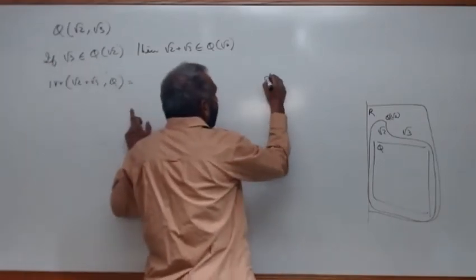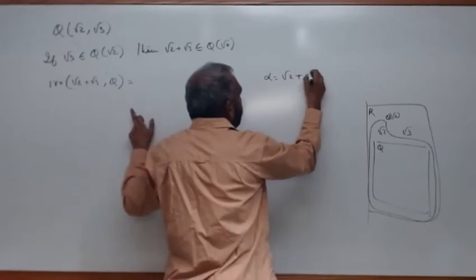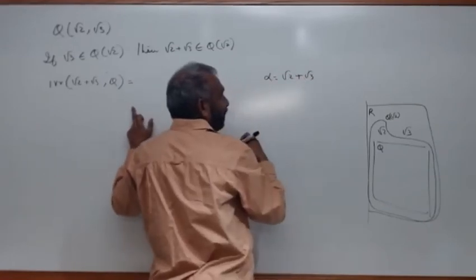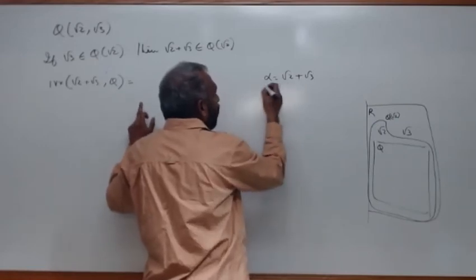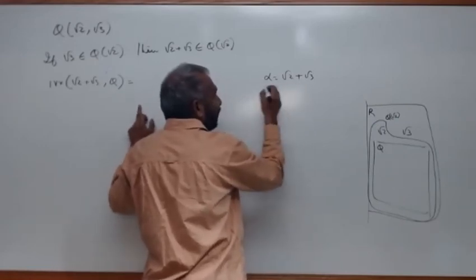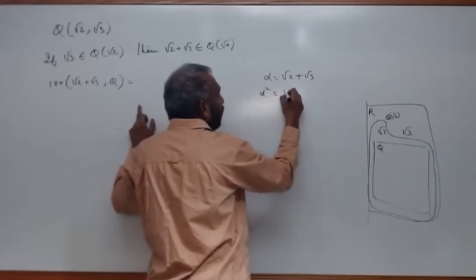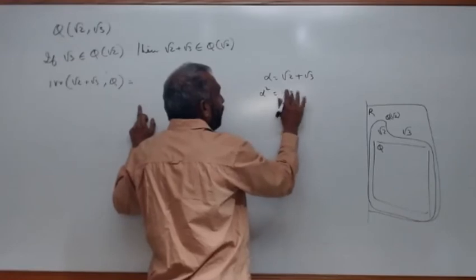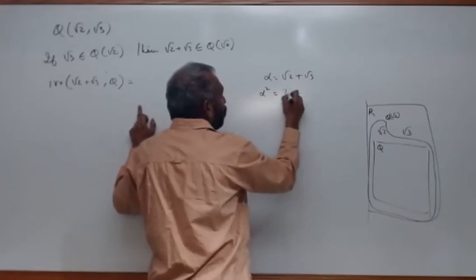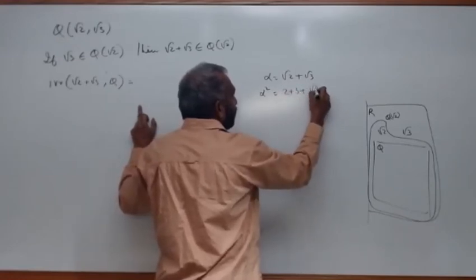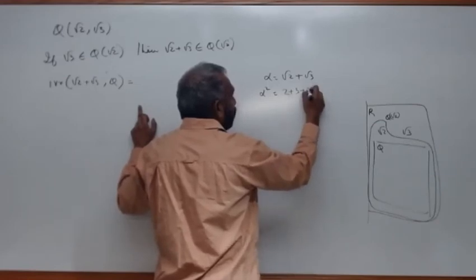If you take alpha is equal to root 2 plus root 3, then if you want to find out the polynomial, you square here, so this will be 2 plus 3 plus 2 root 6.